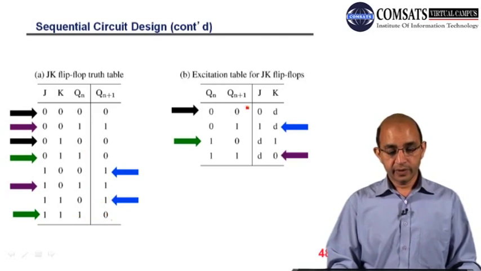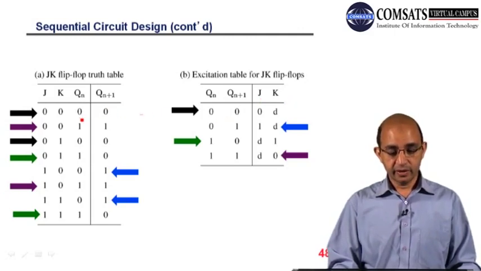So here what I did, I constructed the excitation table for the JK flip-flop. You can see we have a column for states, this is the present state and this is the next state, and these are the possible JK values.